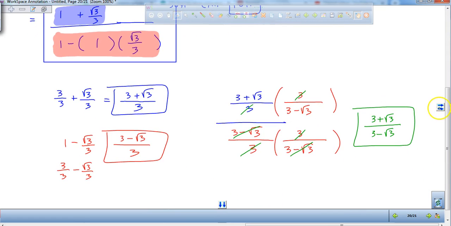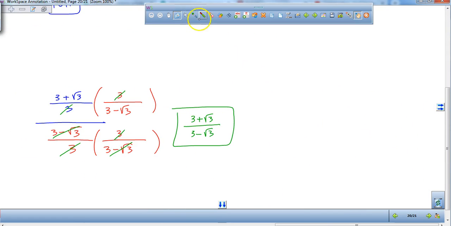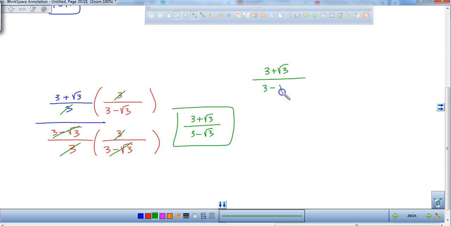But we can also even go one step further. If you don't want to watch this step, I totally understand. But I want to make sure you guys know how to multiply things by its conjugate. So the conjugate would be 3 plus radical 3, and this would be 3 plus radical 3.